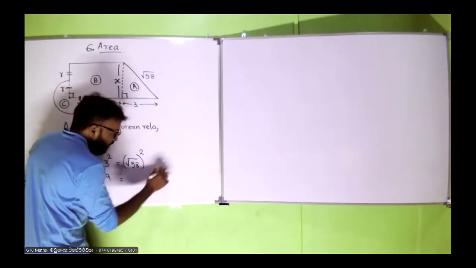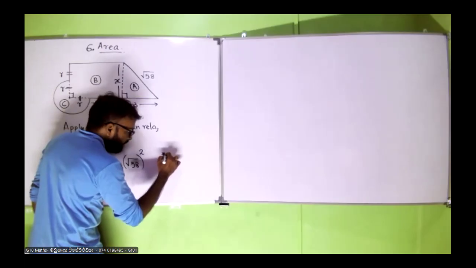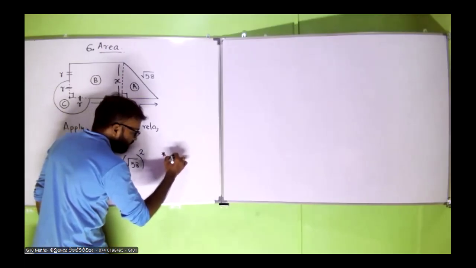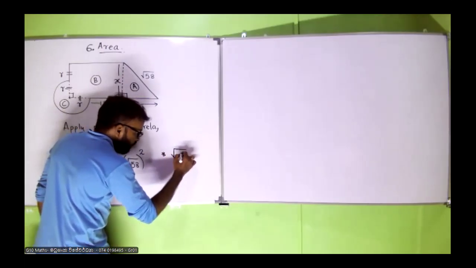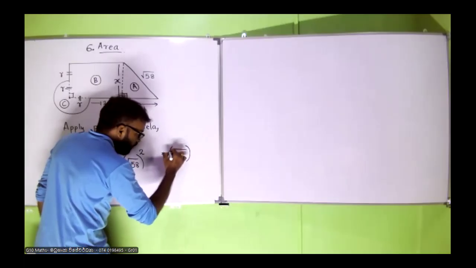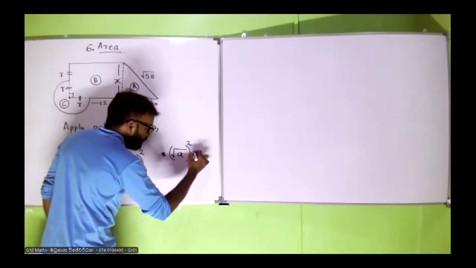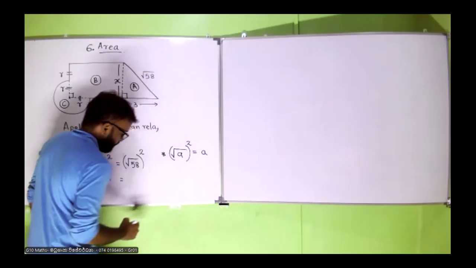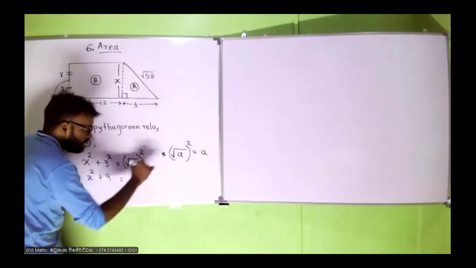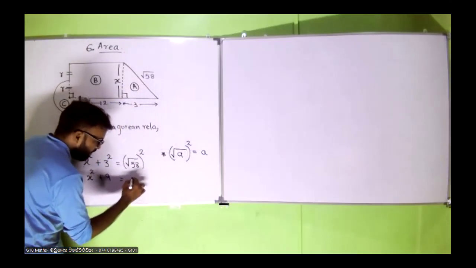I will give you a hint: the square root of A, the whole thing to the power 2, is equal to the same number. So by using this theory, I am taking 58.